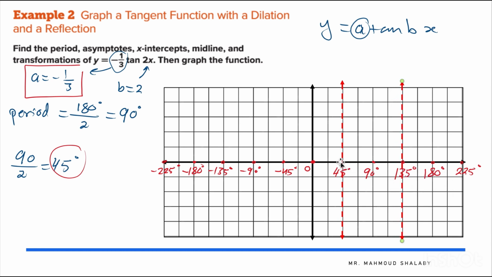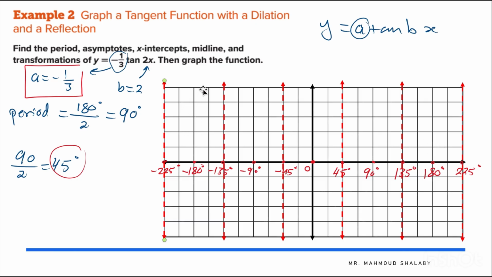I will leave an x-intercept, then an asymptote, and bring it here. Now again from the other side, the first asymptote is here, then leave an x-intercept, then an asymptote, an x-intercept and an asymptote. I will bring the last one here. So we have the same asymptotes.